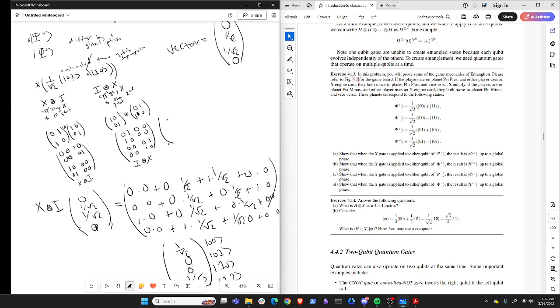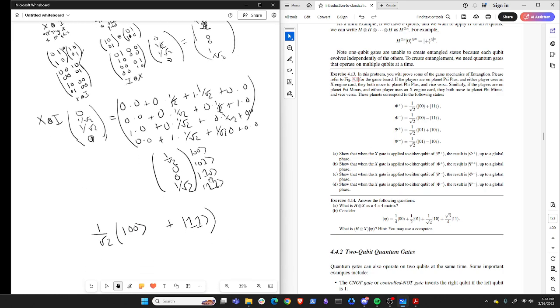So we would take this and we would multiply it by our same thing here, and we would wind up with the exact same vector. So 1 over square root of 2, 0, 0, 1 over square root of 2. That's a square root of 2. It looks like Picasso, but there we go. It looks even worse now. Whatever.